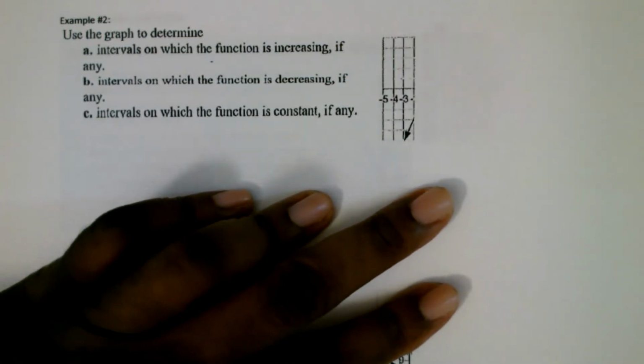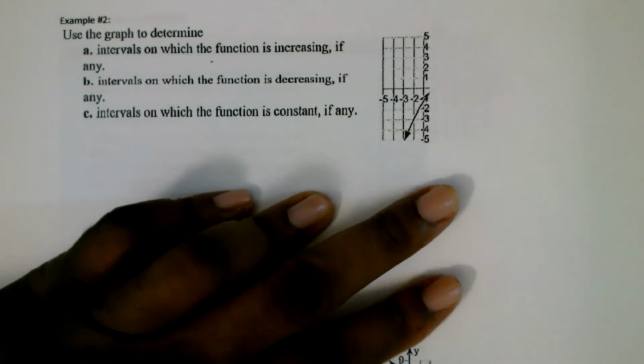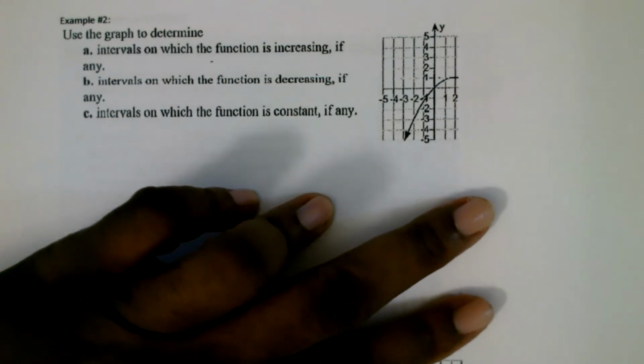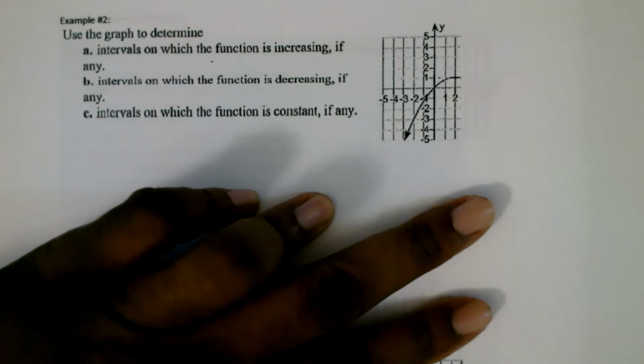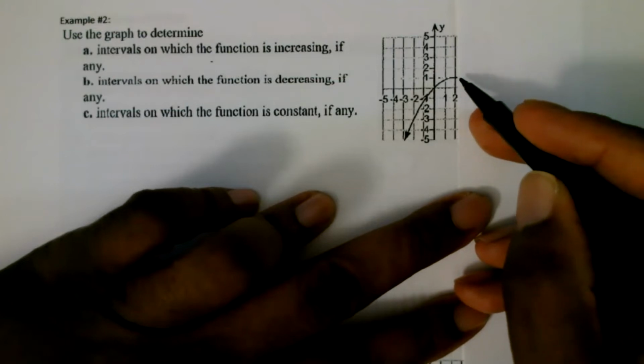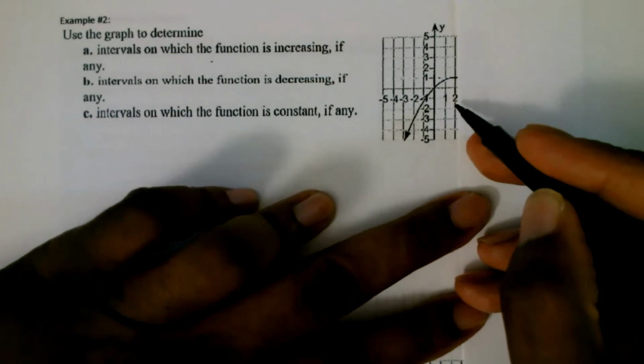Well, we see that it's going to be increasing, and continues to increase until it reaches its highest point. All right, so its maximum point is reached at x equals 2.